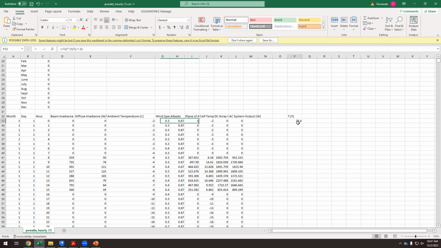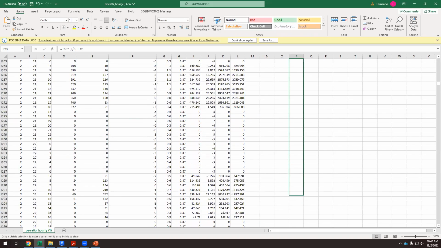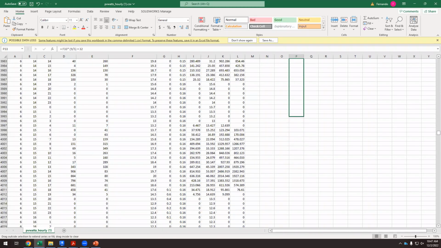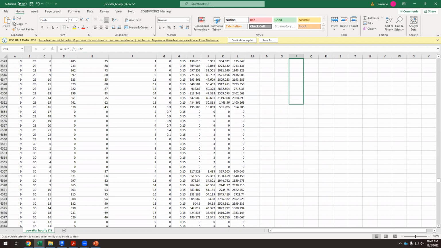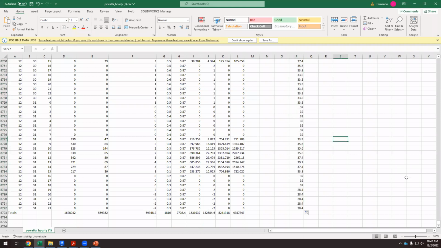So -2 is 28.4 Fahrenheit. Then I go all the way down. Here. Yes. And this is the hourly temperature in Fahrenheit.